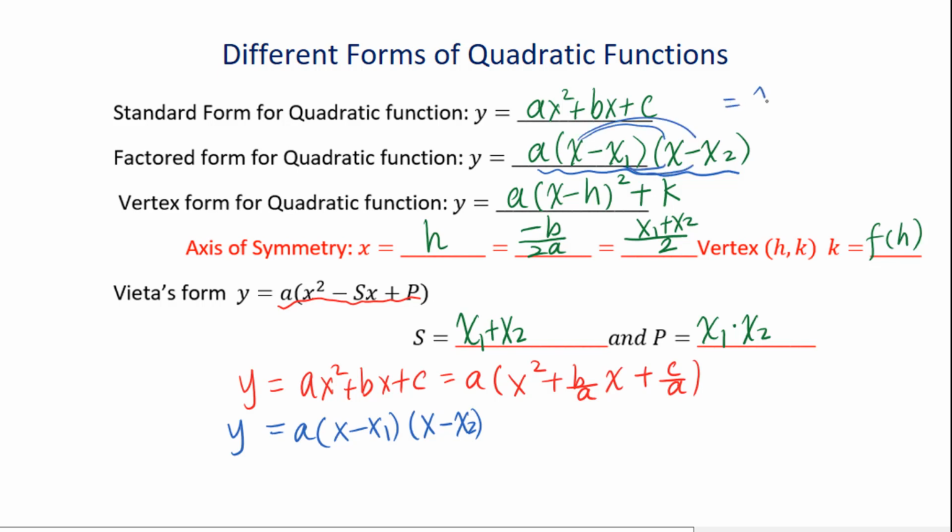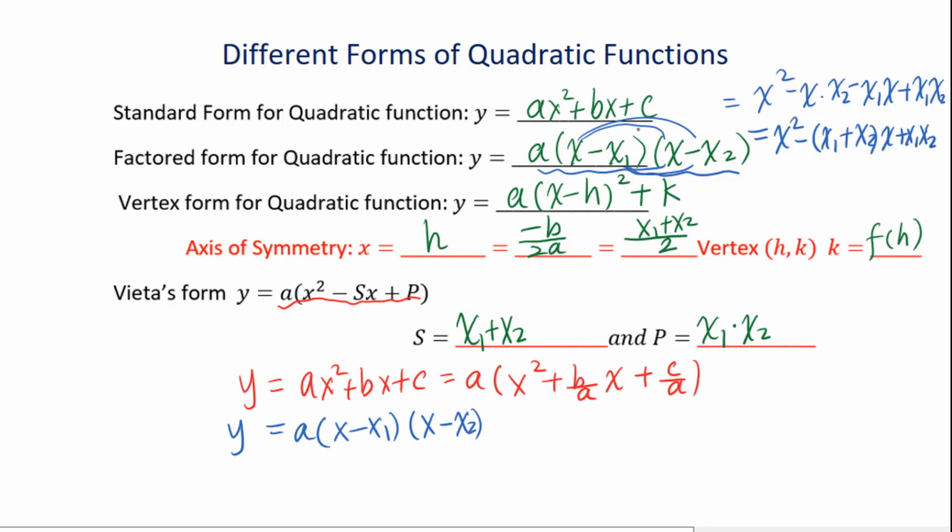You will get x squared minus x times x2 minus x1 times x plus x1 x2. We organize: x squared minus (x1 plus x2) x plus x1 x2.